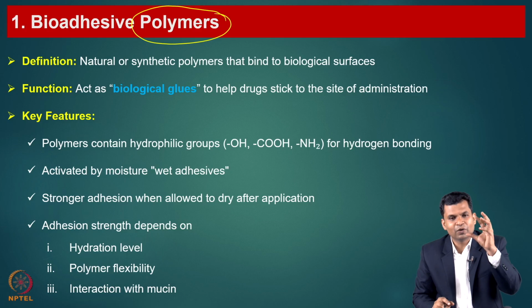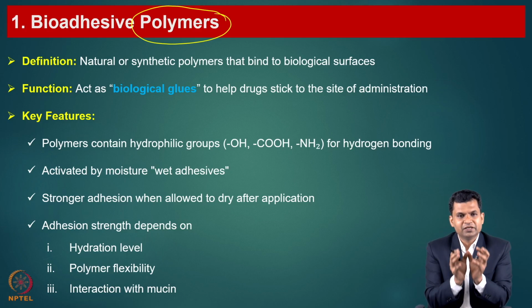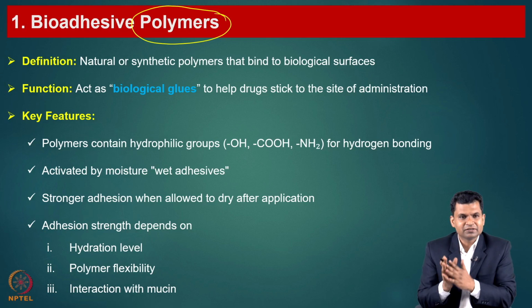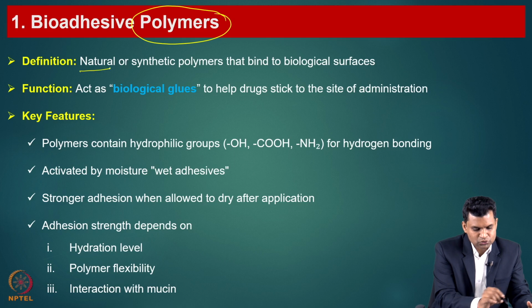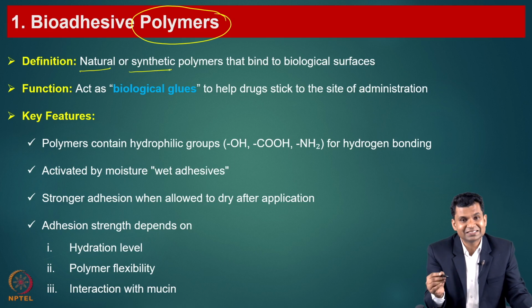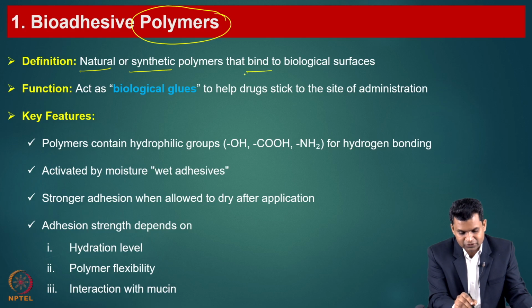To make a bioadhesive or mucoadhesive system, your polymer should be bioadhesive or mucoadhesive, right. The polymer may be from a natural source, or synthetic or semi-synthetic, but it must bind to biological surfaces.